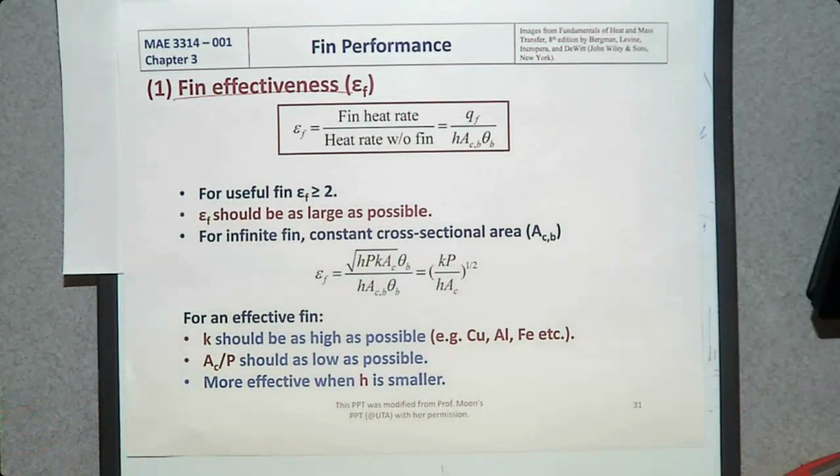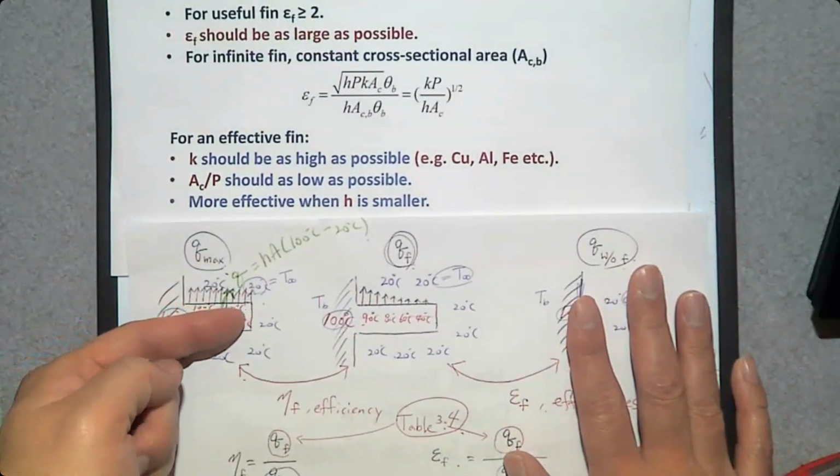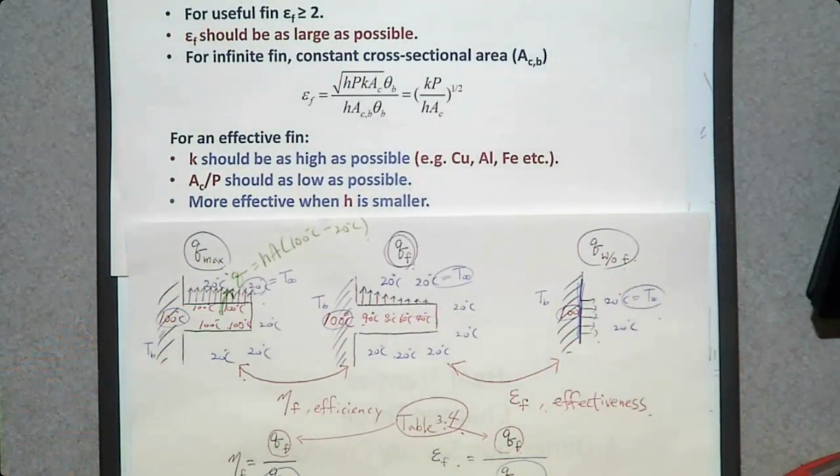The thermal conductivity of the fin should be as high as possible so that we can increase the rate of heat transfer by conduction. If you increase the rate of heat transfer by conduction, the temperature decay in the fin is going to be less.